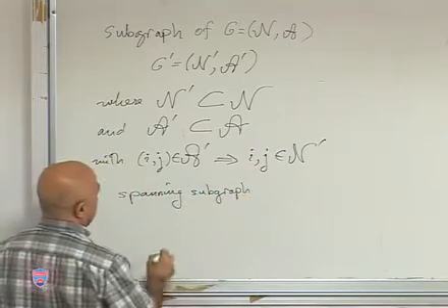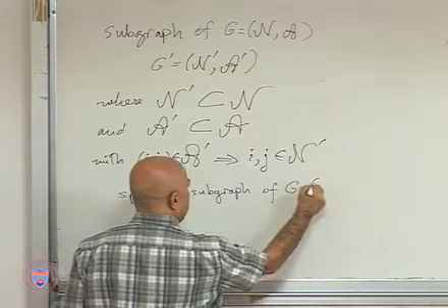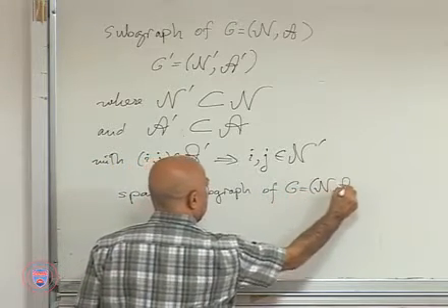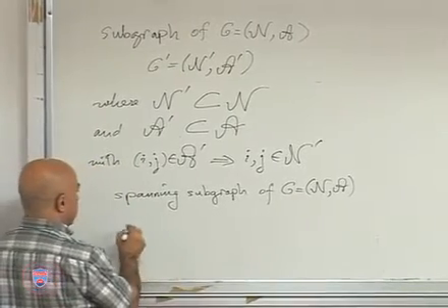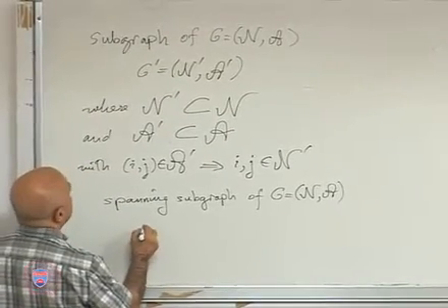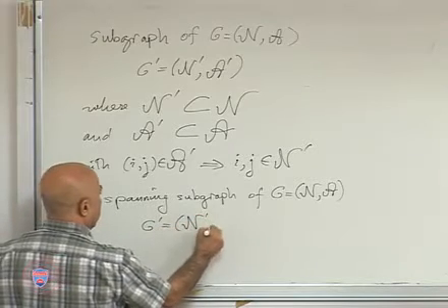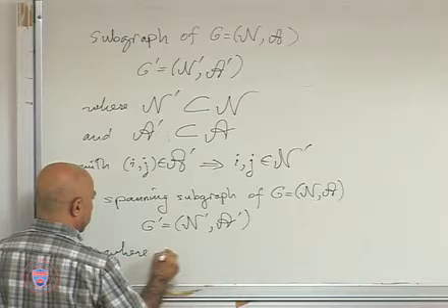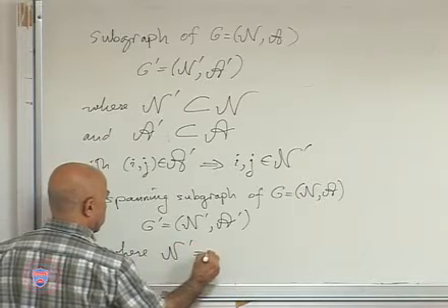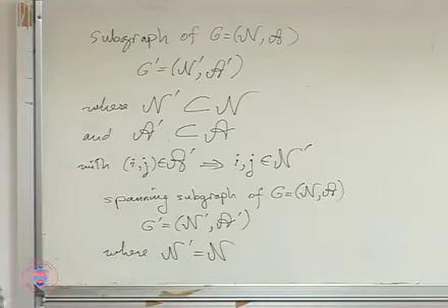A spanning subgraph of a graph G is a subgraph G prime with the additional property that N prime is actually equal to N. So it contains all the nodes of the graph.